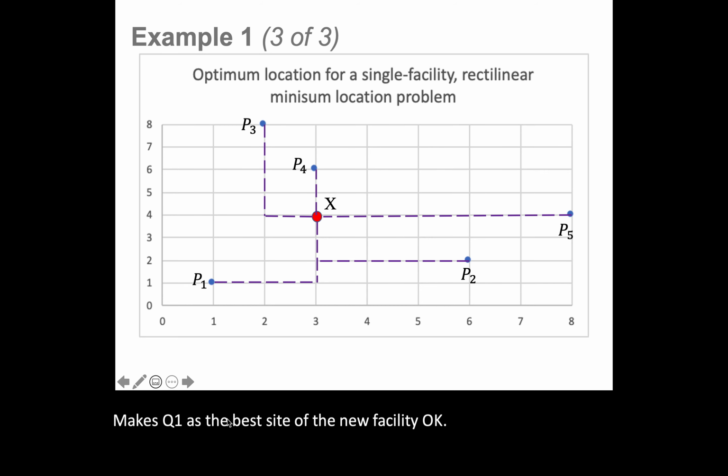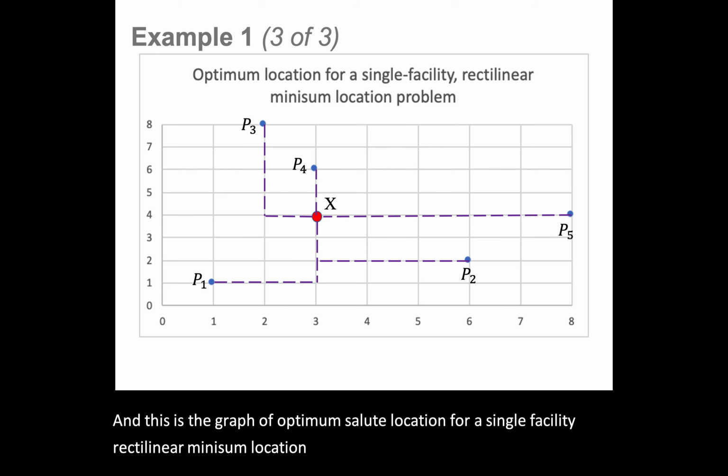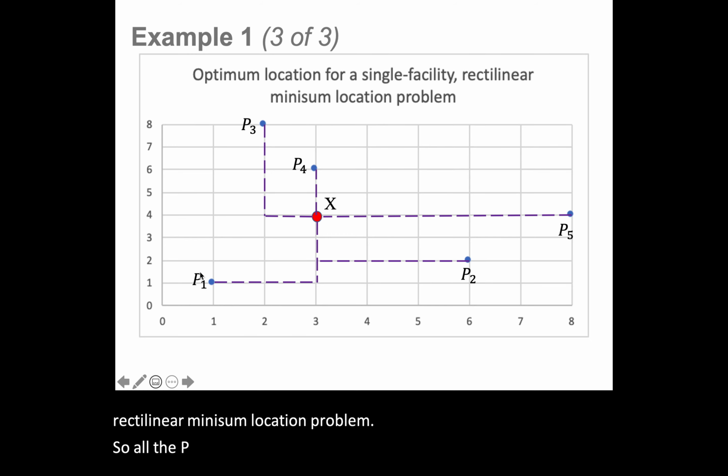And this is the graph of the optimum location for a single facility rectilinear minisum location problem. So all the P here represent the locations of existing facilities.